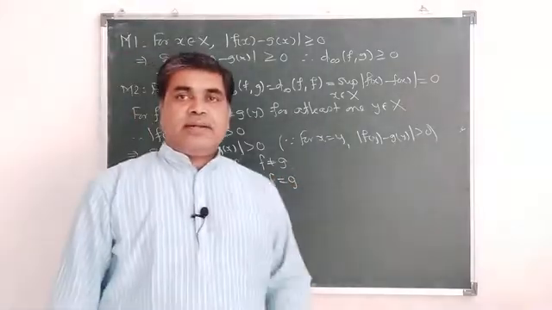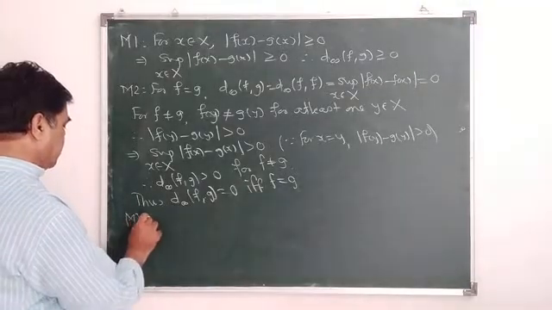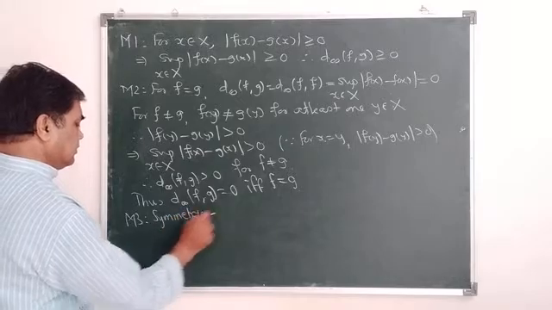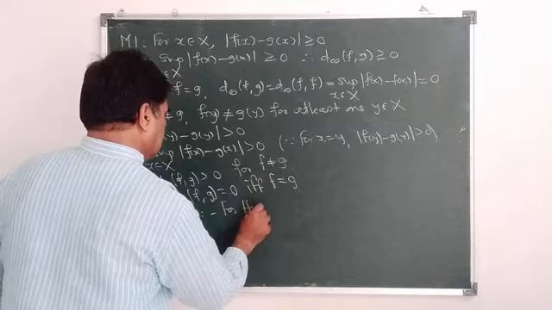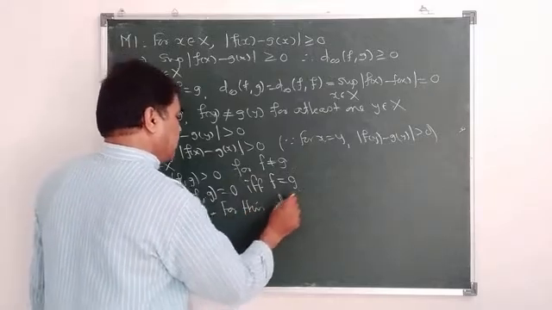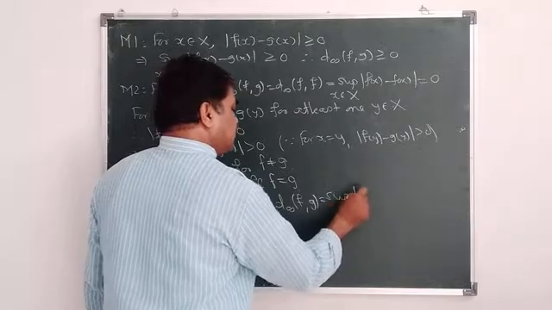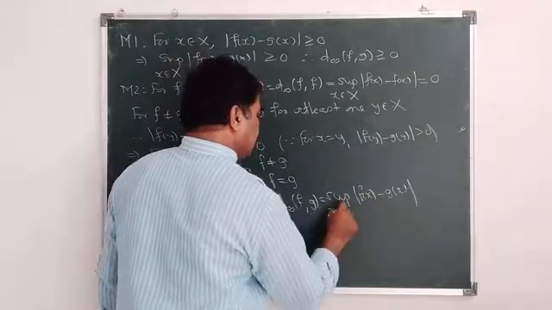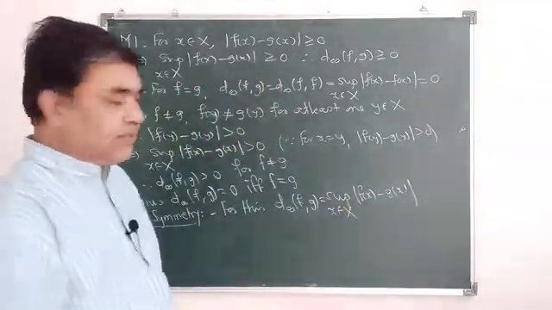Now we have to verify the symmetry axiom. Symmetry. So for this, d infinity of (f, g) is equal to the supremum of mod f(x) minus g(x), where x takes values in X. We know that mod f(x) minus g(x) is the same as mod g(x) minus f(x).